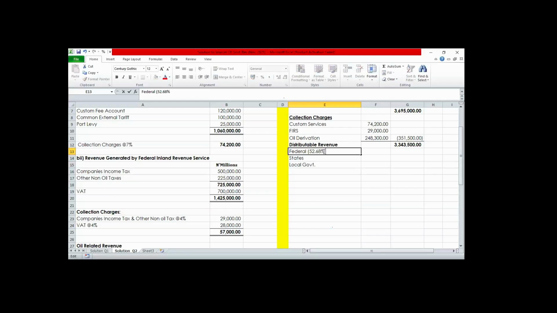Times 3,343,500. For this one, we have 26.72%, times 3,343,500.